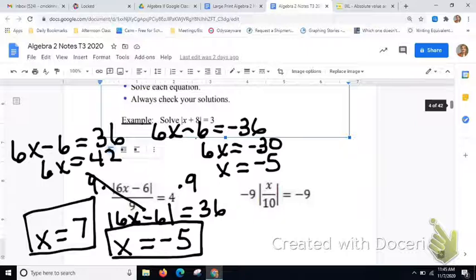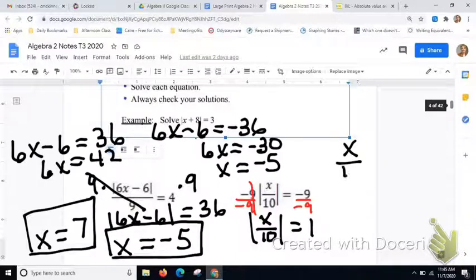So looking at my other problem down in the right corner, the negative 9, I hope you're not tempted to add 9, because that negative 9 is jammed right up next to that absolute value sign. Just like if there was a number next to parentheses, right now it indicates multiplication. So to get rid of it, I need to divide both sides by negative 9. And now we have x over 10 is equal to 1.